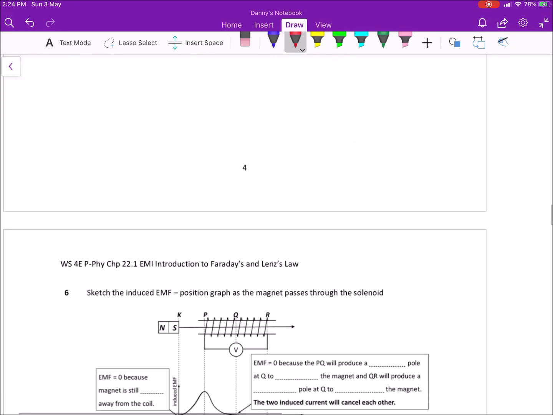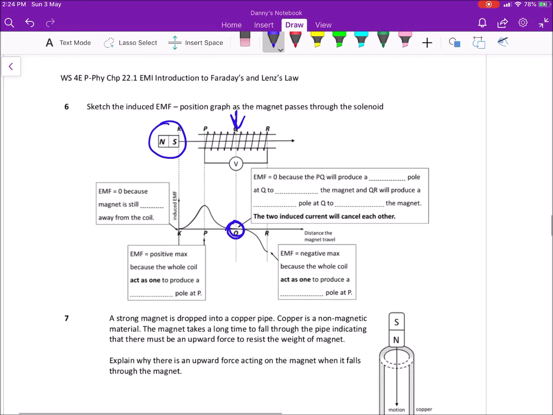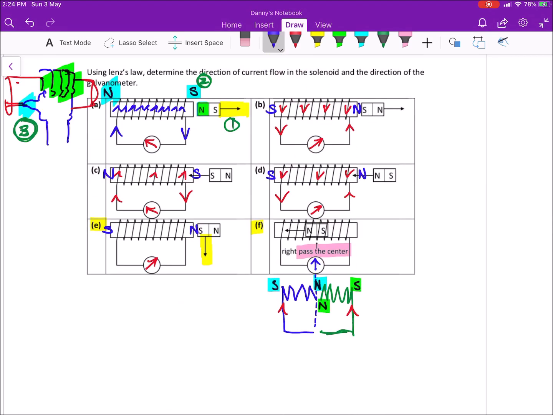We will talk about that more in this graph. This graph, I will only talk about it when school reopens because it's a bit complicated. But what is interesting is this point here. You can see that again, when the magnet is right at the center of the solenoid, the induced current is 0. So the general concept is how I illustrated over here.